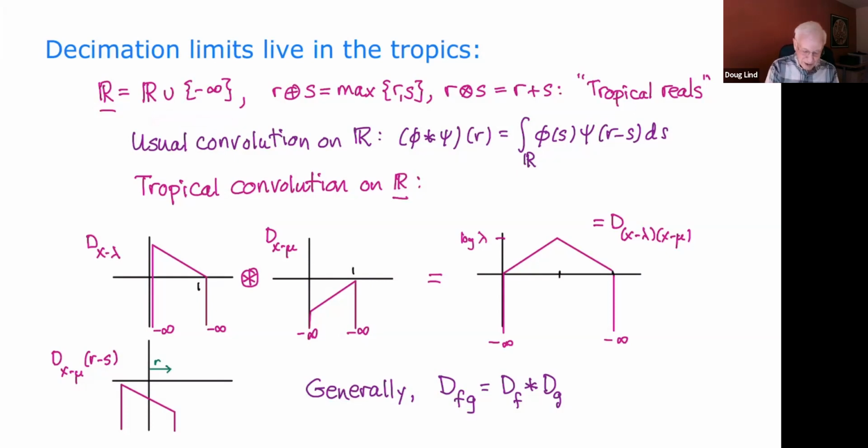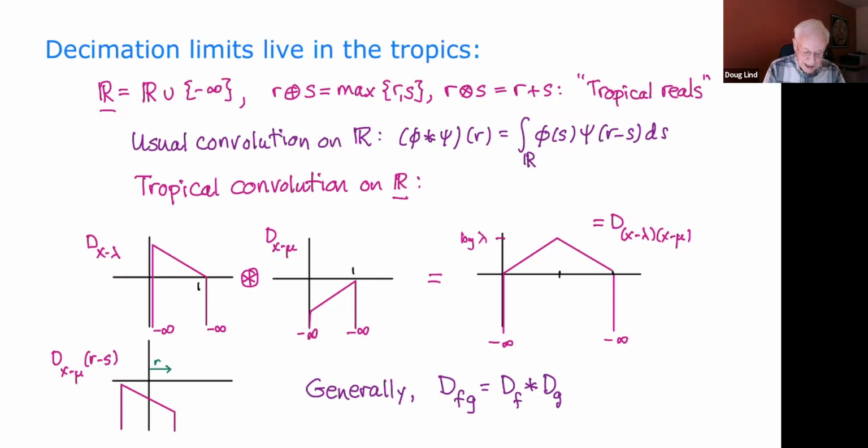The tropical addition is given by max. The tropical multiplication is given by the usual addition of the reals. And this turns it into a semi-ring with all the usual algebraic operations. The one big difference is you can't subtract in the tropics. There's no way to subtract things, you can only add them.